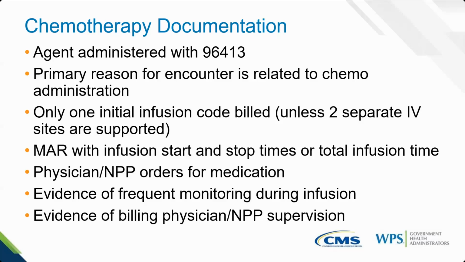We need to see what agent is administered, and we need to see the plan for administration of this chemotherapeutic drug. How was it ordered? How is it to be administered? Do we have any kind of peak and trough time lab levels that need to be drawn? Do we have any other special considerations that are ordered and being monitored that go along with it?